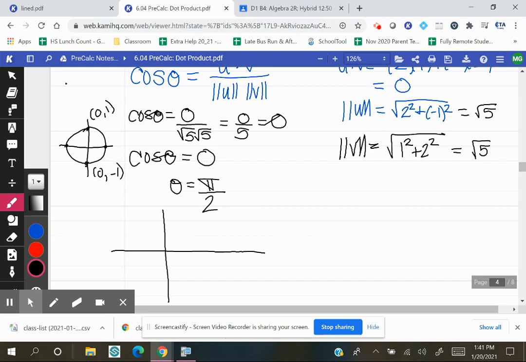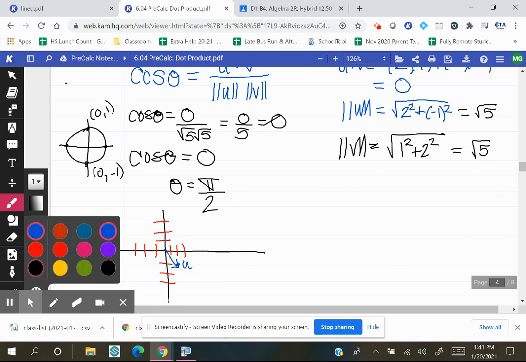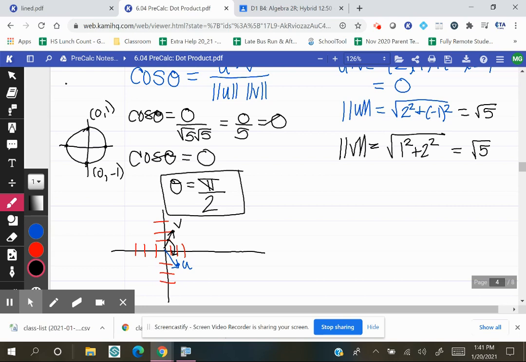So now for vector u, I'm plotting the point 2, -1. And then the initial point is always 0, 0. So that's vector u. And then vector v is 1, 2. So you can see here our angle between them would be our 90 degrees, or just pi over 2.